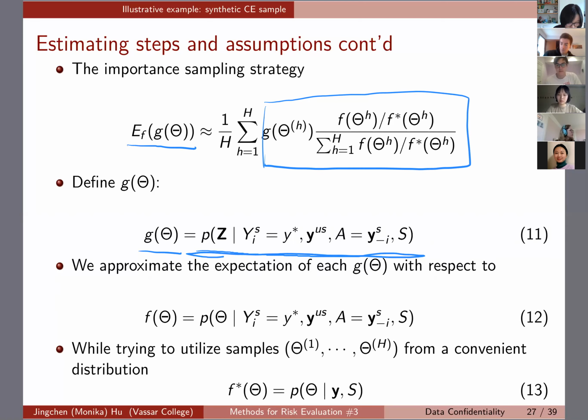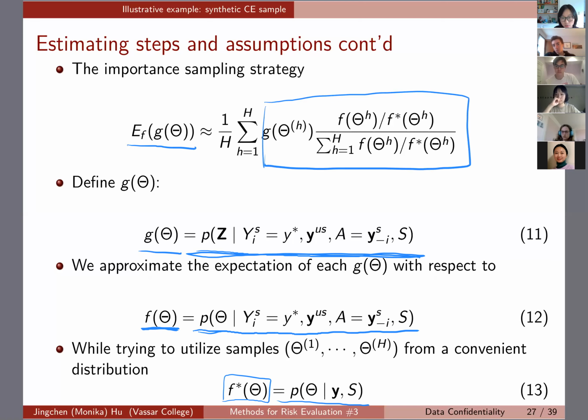And F theta, which is what the earlier slide has, will be our inconvenient, not easily obtained density function, but that is the one that we're trying to estimate with. So this will be our F theta. And then our F star theta is the density that is convenient, which is actually being estimated on the model.